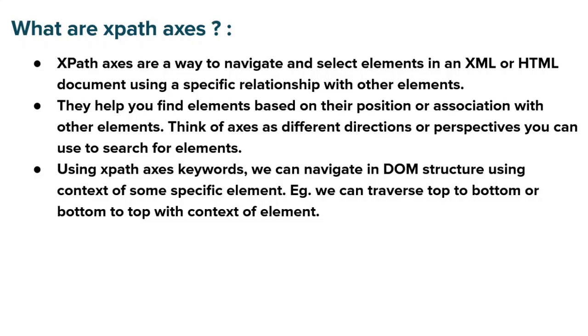These are basically keywords. We can navigate in the DOM structure from top to bottom or bottom to top with the context of some specific element, and we can find another element with that context.